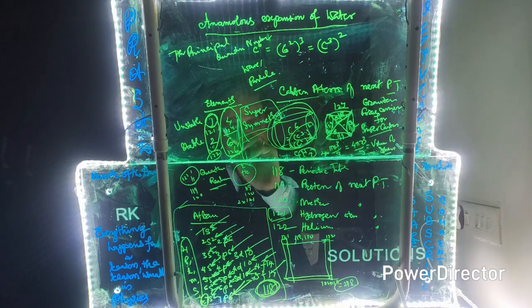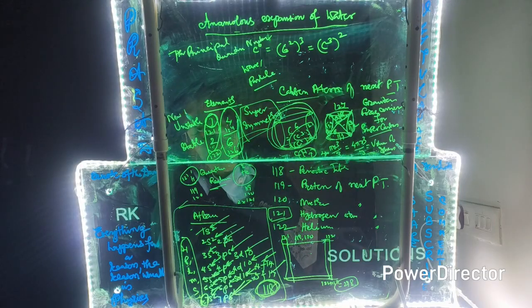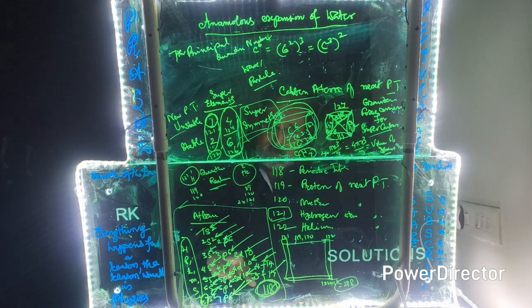Here, this is basically the new periodic table. Let's say in the new periodic table, these are all super elements. This contains 2 of these, this contains 4 of these, right? So these four supply energy to C6.